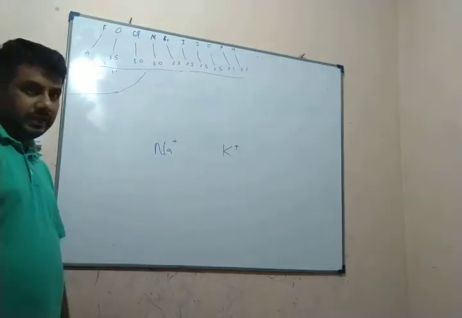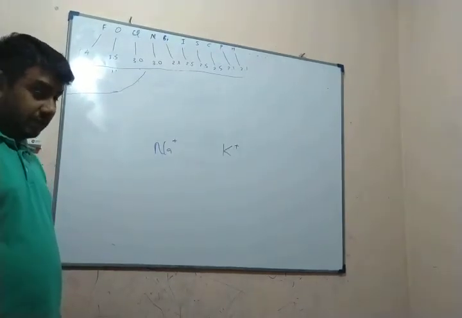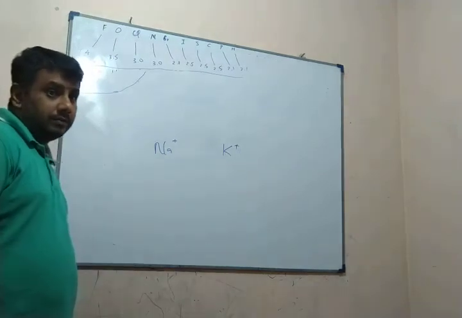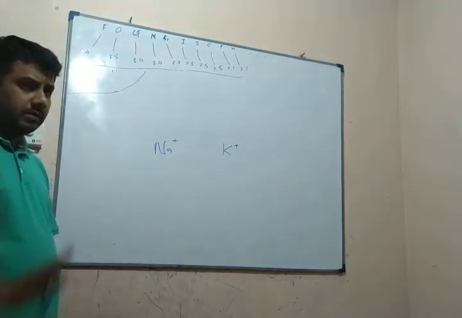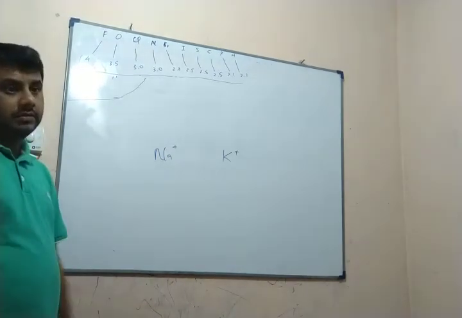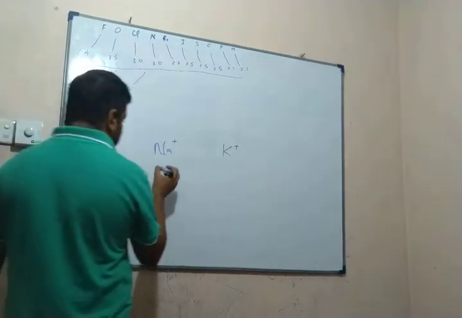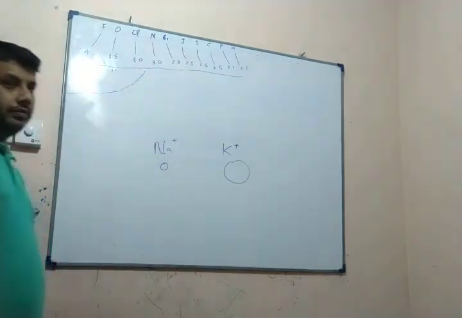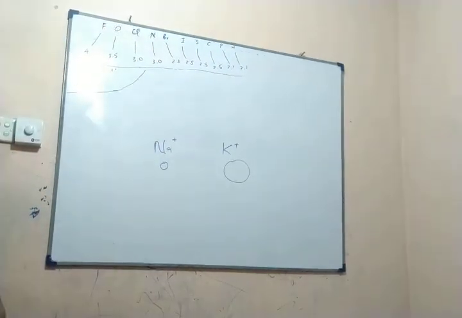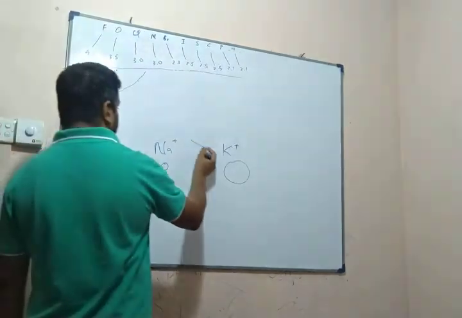And then oxidation state and charge are the same. Okay, size: small size, large size. So which one is most electronegative? Na plus is most electronegative.